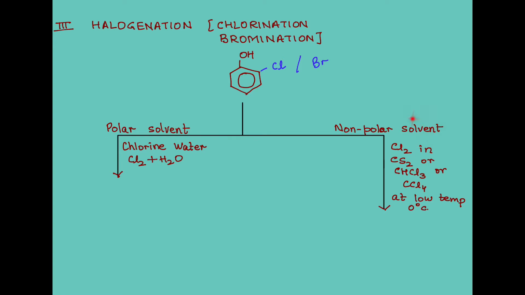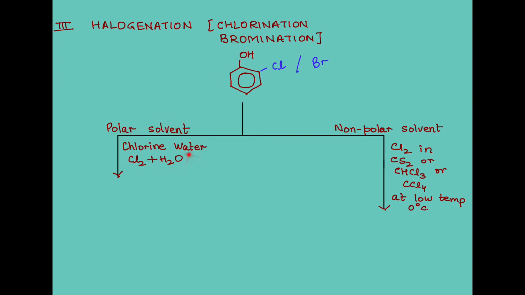As you can see very clearly with the help of this flow diagram, the understanding and the process becomes quite easy. When we say the reaction taking place in a polar solvent, that means chlorine water or bromine water. So first we are going to write the reactions with chlorine water and then we will go on to bromine.